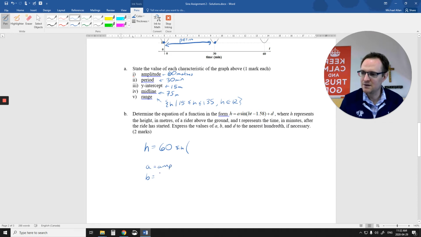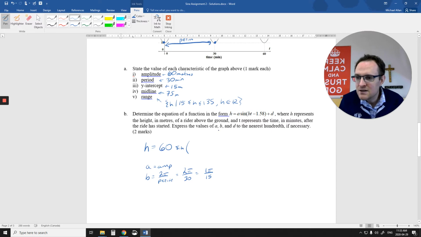Your B value is going to be equal to 2 pi over my current period, which is 2 pi over 30. This just reduces down to pi over 15.